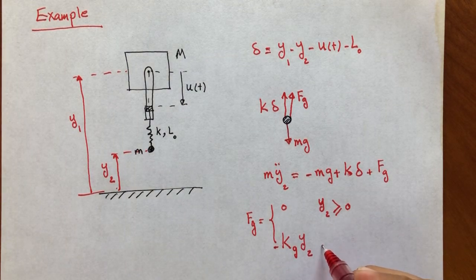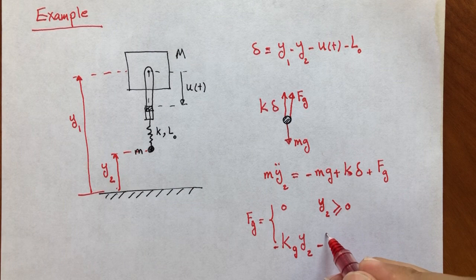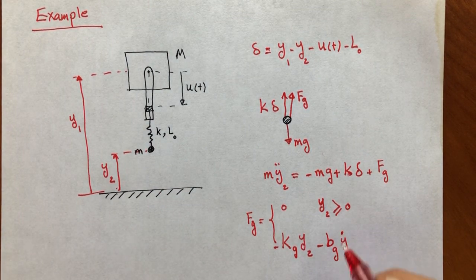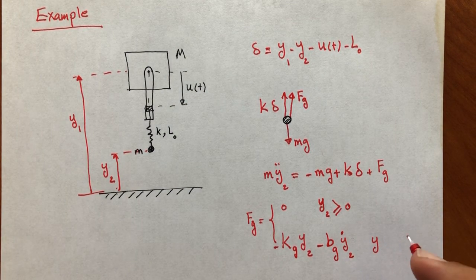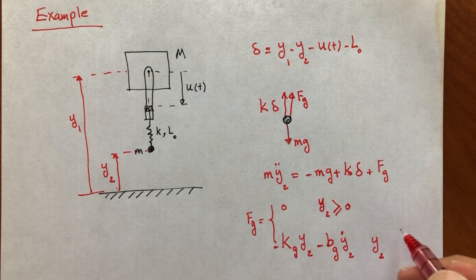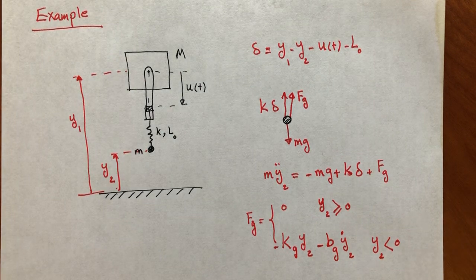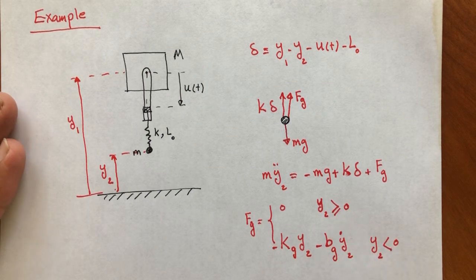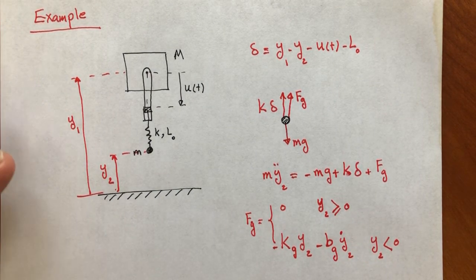And in the same way, a damper constant, I'm going to call it Bg, the damping constant of the ground, times y2 dot, whenever y2 is less than 0. It doesn't matter actually, put the equality here or at the top. Both of them are going to give you the same thing.